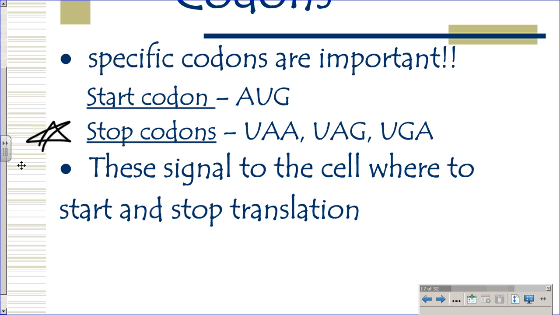Go ahead and write down the stop codons. Those are more that you need to know. AUG is easy, these are not easy. You need to write them down so you know.